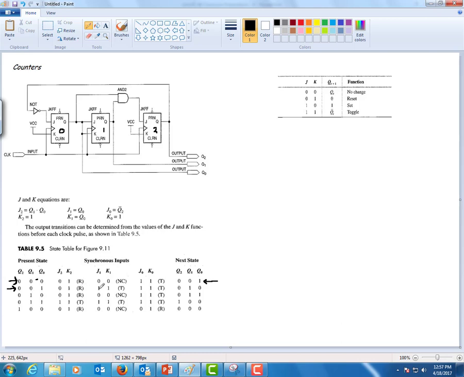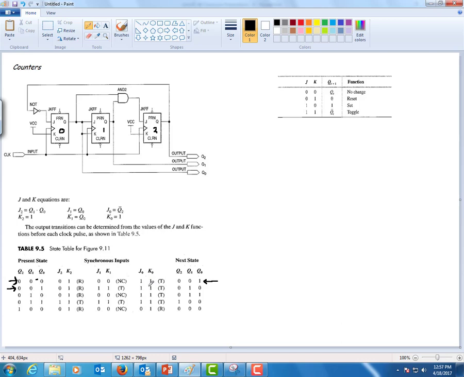So let's just go through and fill out the next state. For J2 and K2, that's reset, so we know that's going to be Q2 equals 0. Bingo, we got it. J1, K1, well, that's going to be a toggle condition. If we come back here, we see that presently that Q1 flip-flop has a 0 output, you toggle it, it's going to become a 1.